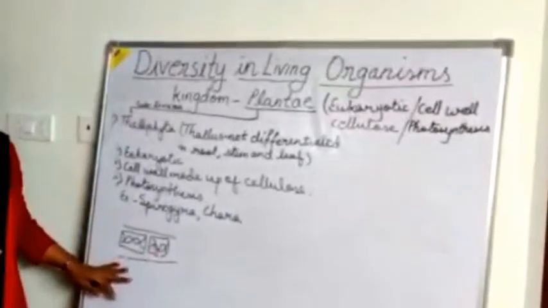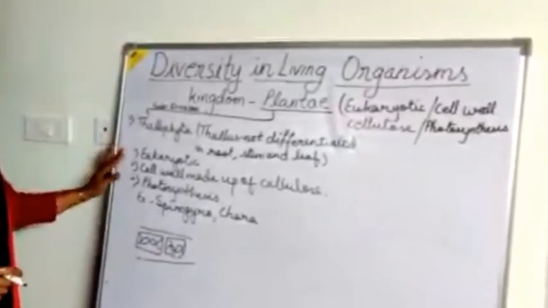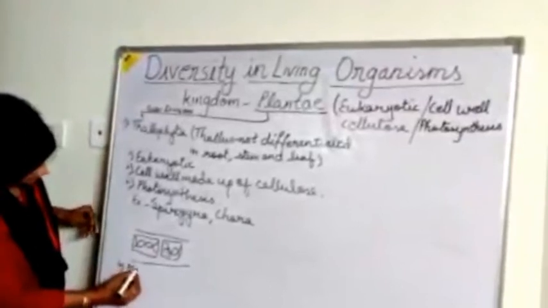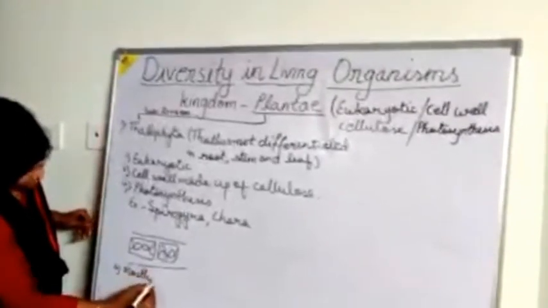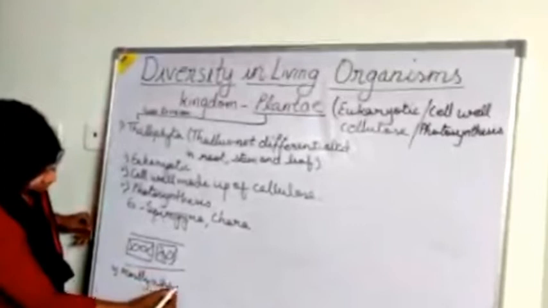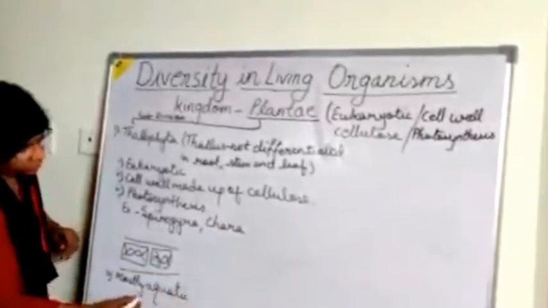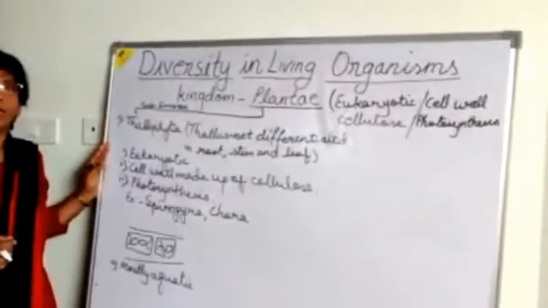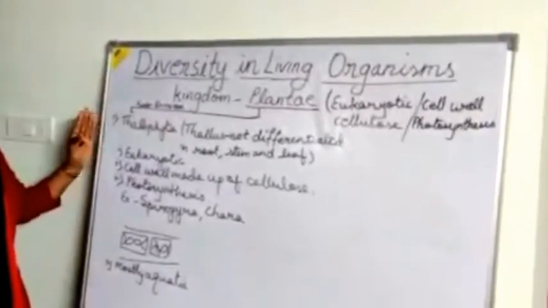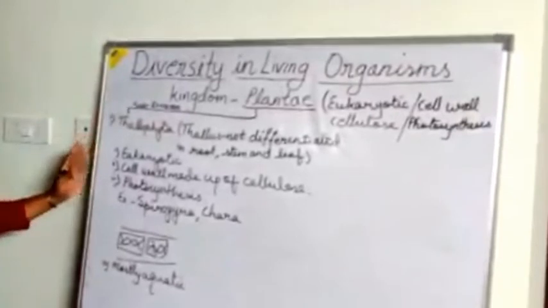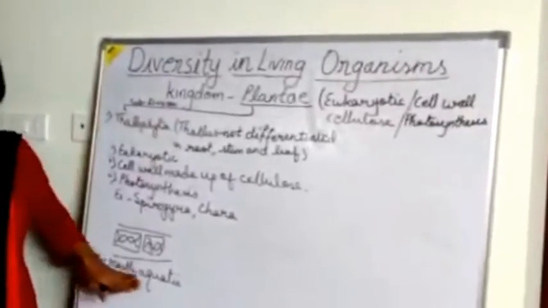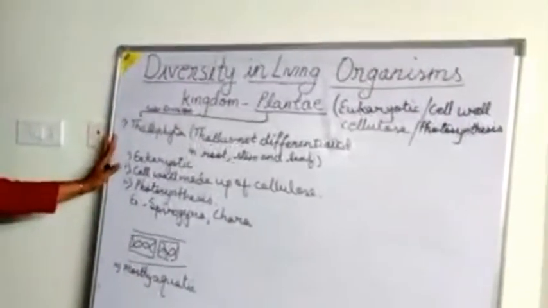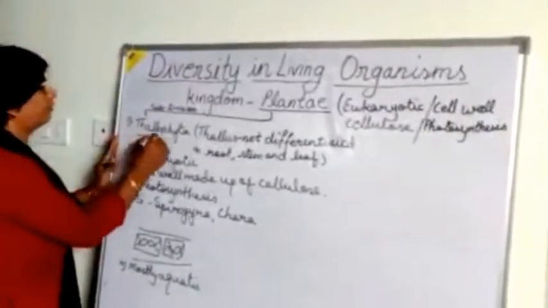Okay, so this one is Spirogyra. Another characteristic is that they are mostly aquatic. We all know that the first life originated in the water. That's why this one is the primitive one, which means what? Living in water. Okay, so this one is our first subdivision, Thallophyta.